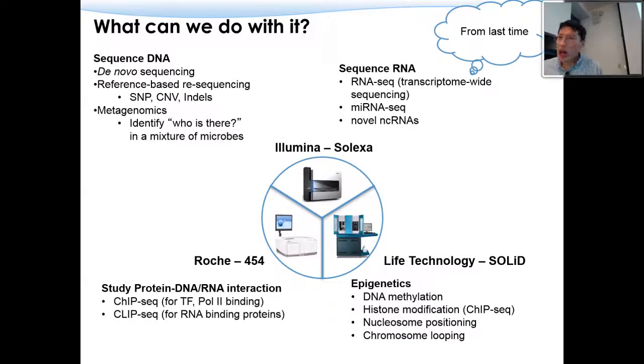We just grab a species, we sequence it. The second one, for most of the applications in medical school here, is reference-based resequencing. Normally, this is for human, mouse, rat, Drosophila, C. elegans, and more, those species that we already have the reference genome.